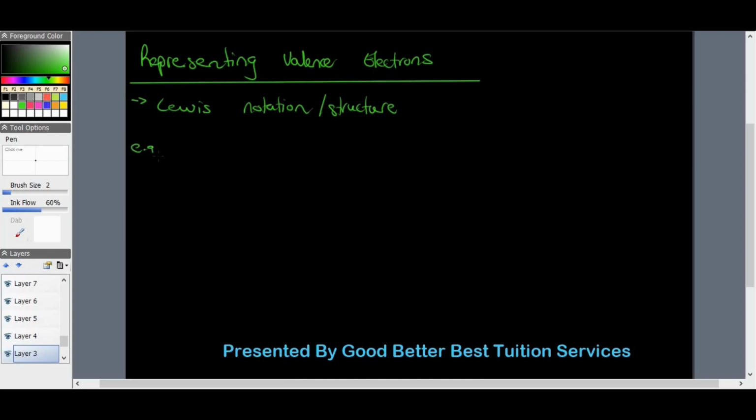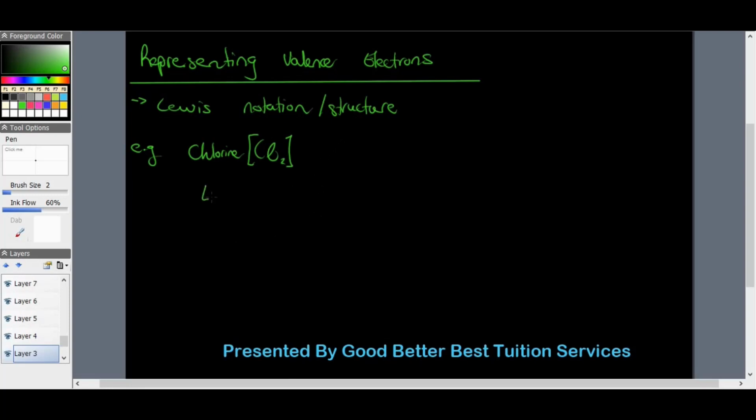Let's take chlorine, which we know is represented as Cl on our periodic table, but as a gas, chlorine gas, Cl2. We know that chlorine has 7 valence electrons because it is in old group 7. New group 17 is old group 7. So we draw 7 electrons around it.